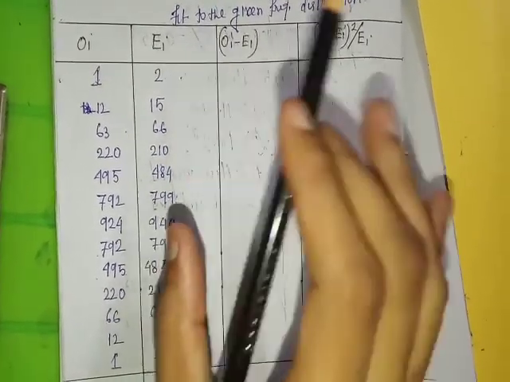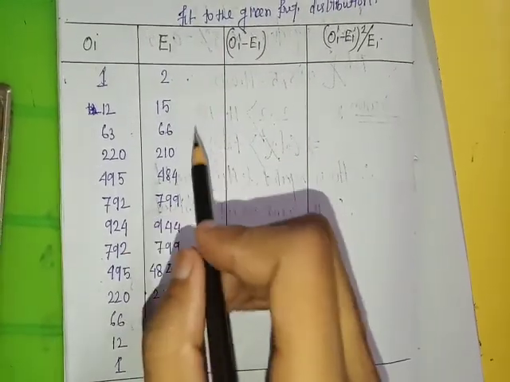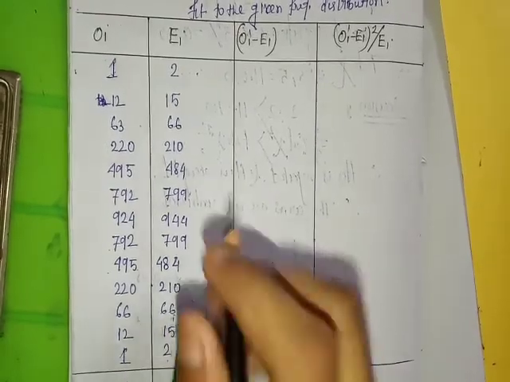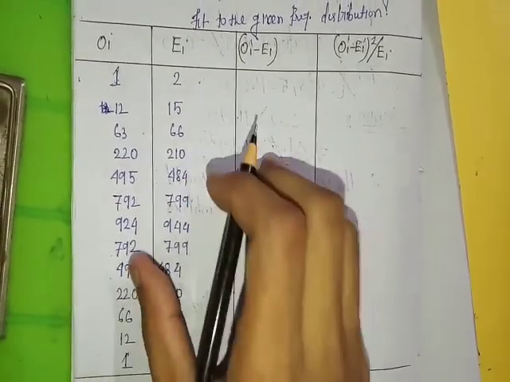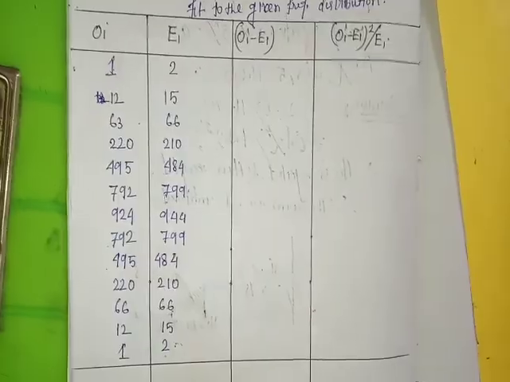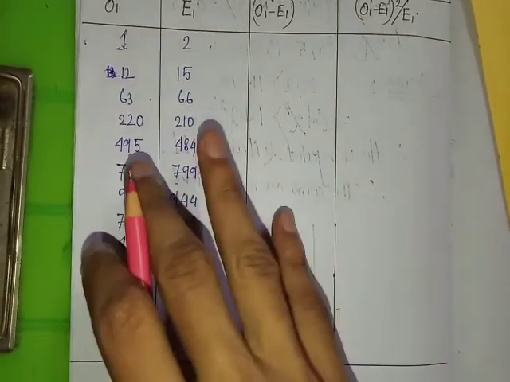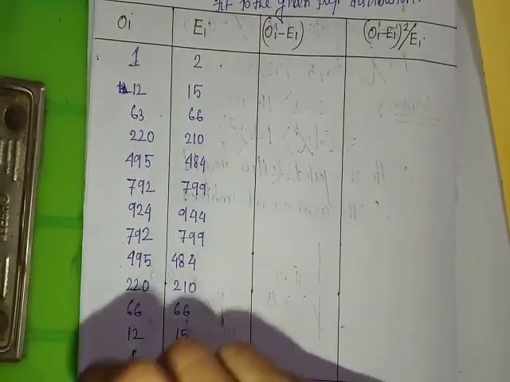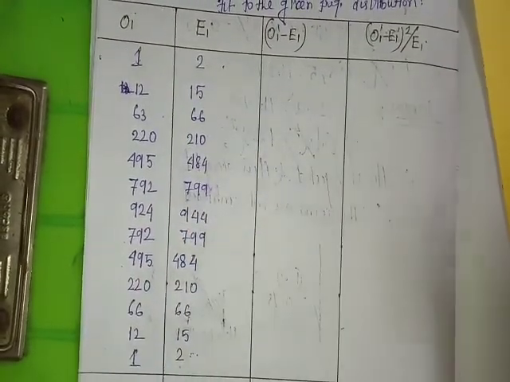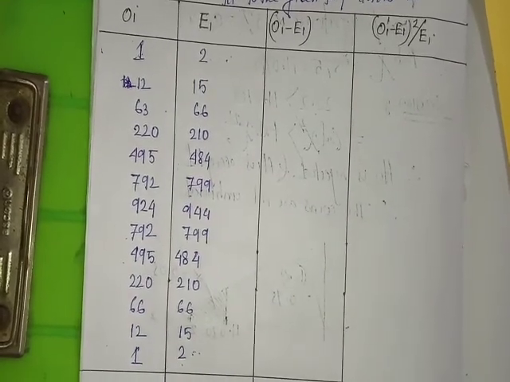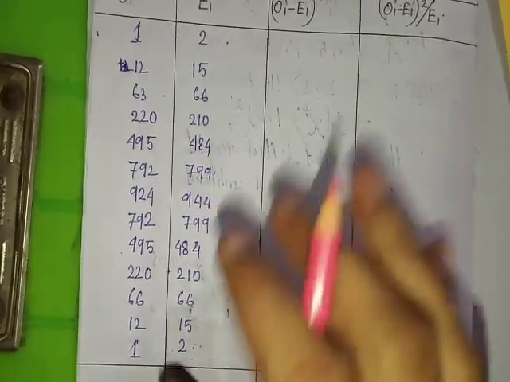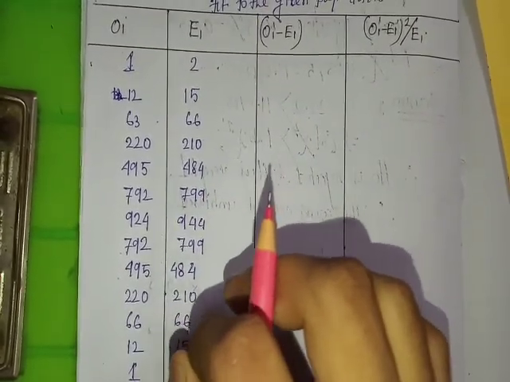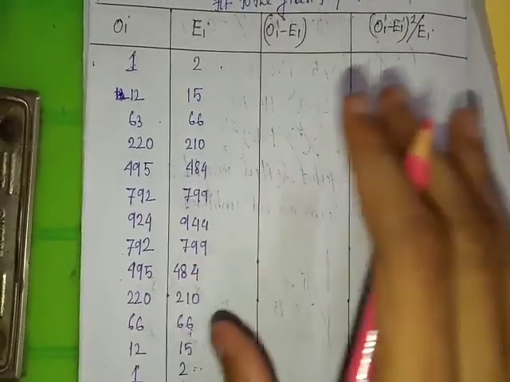So we apply the pooling method. Since these expected frequencies are less than 5, we apply the pooling method. That is, we add the frequencies which are less than 5 to the preceding or succeeding frequency, so that the resulting sum is 5 or more, and adjust the degrees of freedom accordingly.